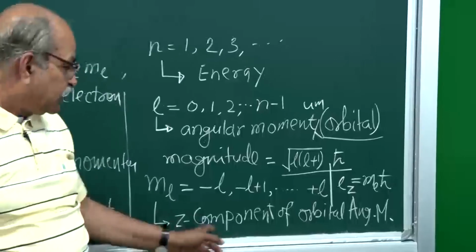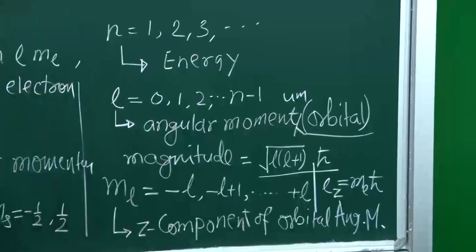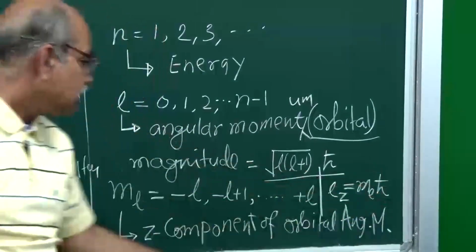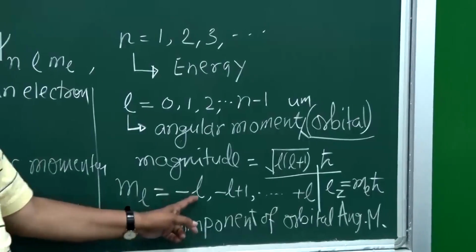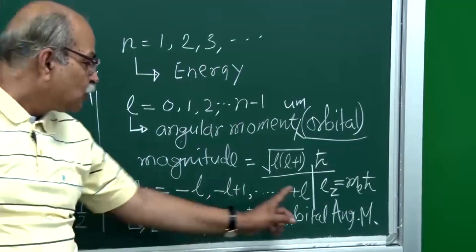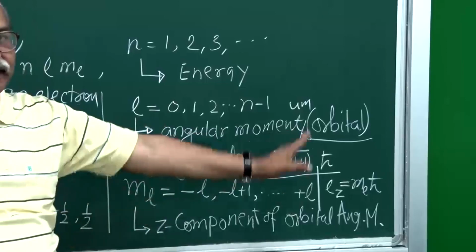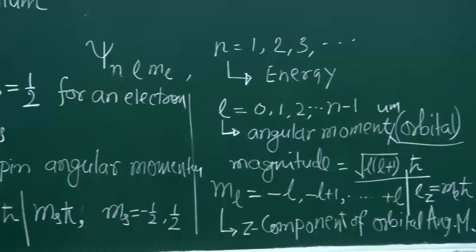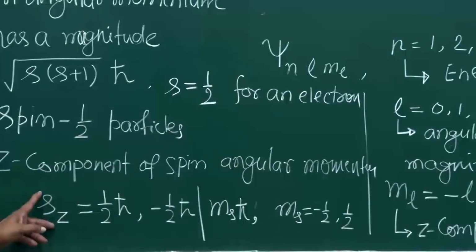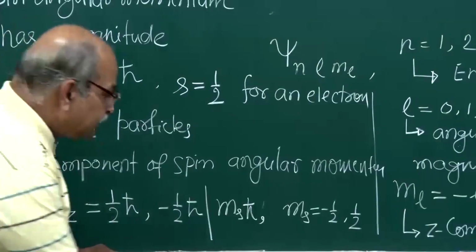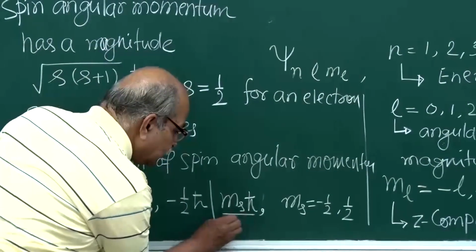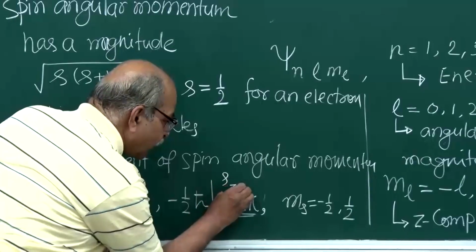Okay, the z component of orbital angular momentum is ml times h cross, and that ml can take values minus L, minus L plus 1 to plus L in steps of 1. Similarly here, this z component of spin angular momentum, that is ms into h cross, this is Sz.